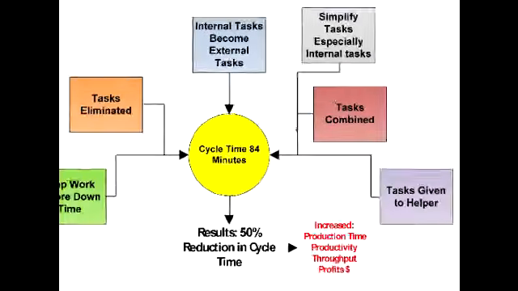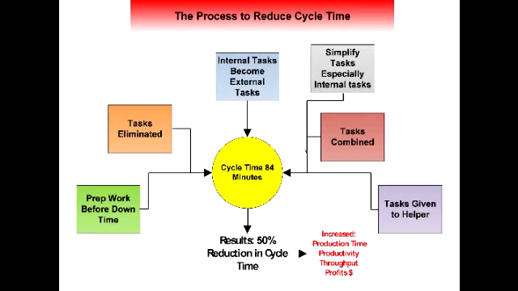When you think about a process that may take several minutes, maybe 84 minutes to start with, as an example, and you've gone through, like I said, and you have eliminated unnecessary tasks, such as searching for an item, traveling long distance to find an item, asking for instructions, etc. You eliminate those kinds of things.